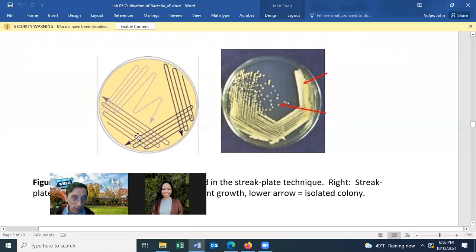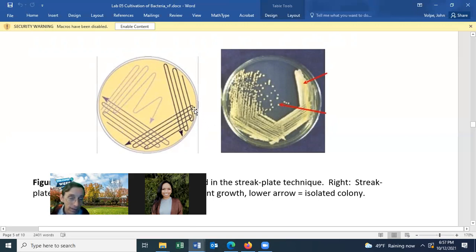And you go into quadrant 2 3 or 4 times to make sure you pick up cells, and then streak out quadrant 3. And actually, it looks like they did quadrant 4 correct. And that is, it's not going into the high density areas of quadrant 3. It's going into the lower density areas of quadrant 3. And then set up quadrant 4.